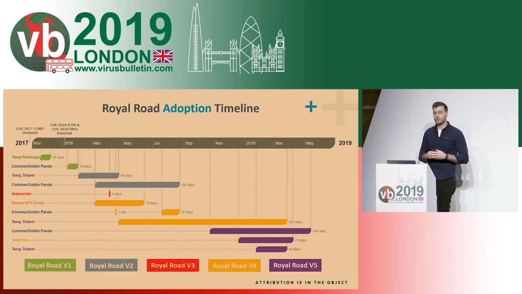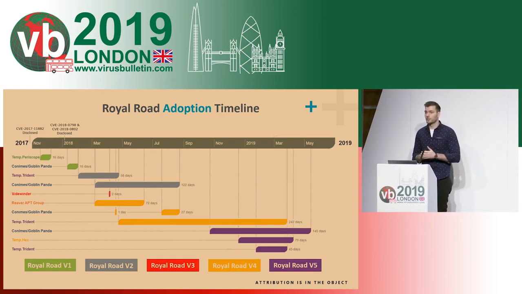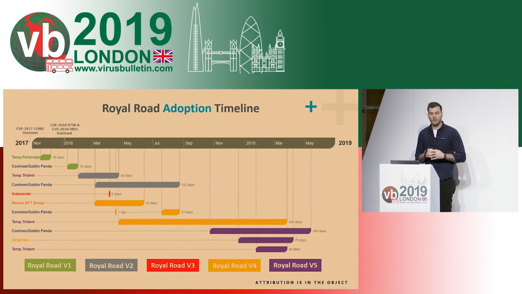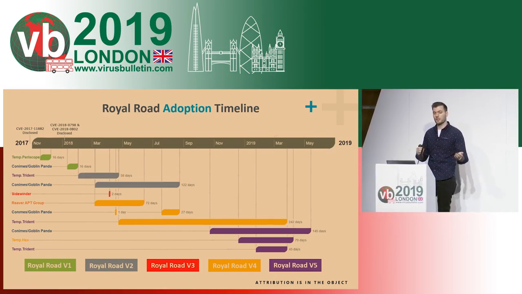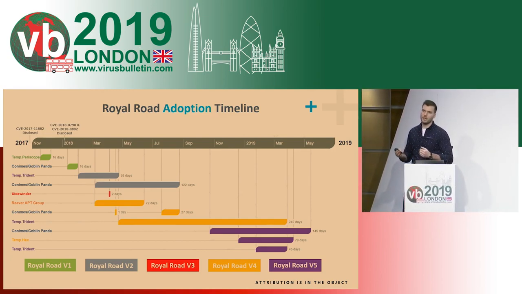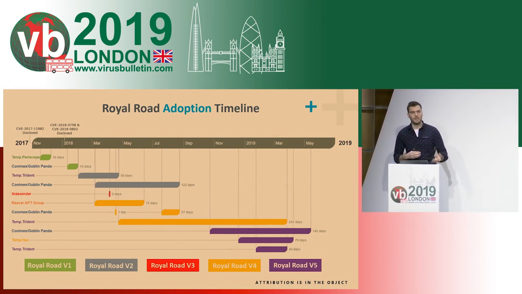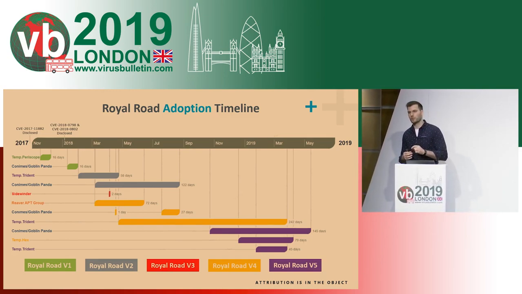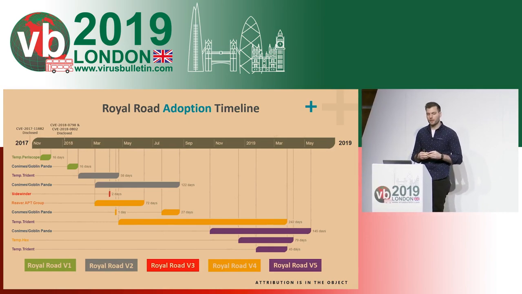And then finally, version 5, the 0798 that Ghareeb explained, they're adopting new methods to avoid detection. We see Goblin Panda use it first. Then another APT that primarily targets Mongolian geographies, referred to as Temp Hex or TA428, using a COT-X rat malware payload. And then finally, Temp Trident adopts Royal Road version 5.